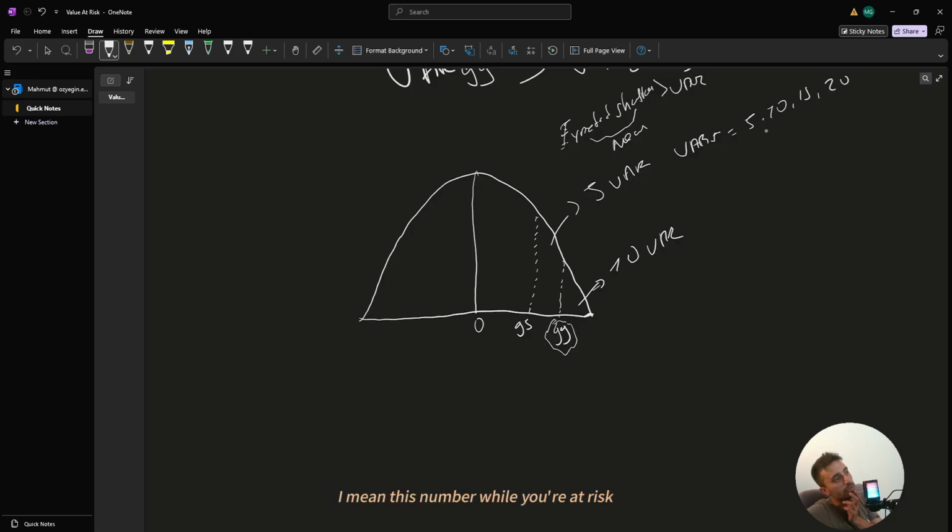I mean, this number, value at risk, which expected shortfall focuses on, is the mean. Okay, this is the mean divided by 4, and this is expected shortfall. But value at risk focuses only on the biggest number. So expected shortfall always has better consequences, better forecast, guys.